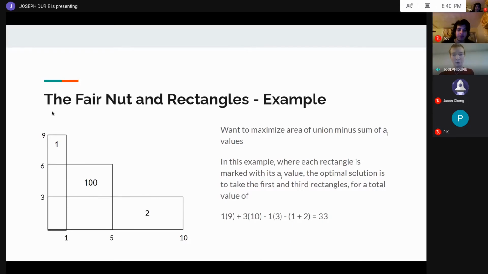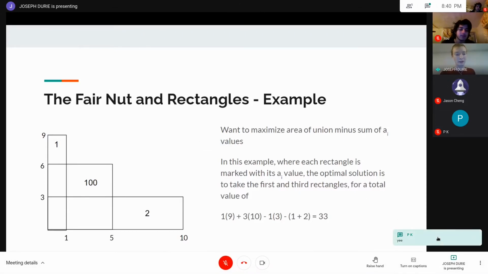Okay. Does the problem make sense? Yep. Okay. So again, first think about what an n squared DP you could do for this would be, and then we can break that down to n log n.